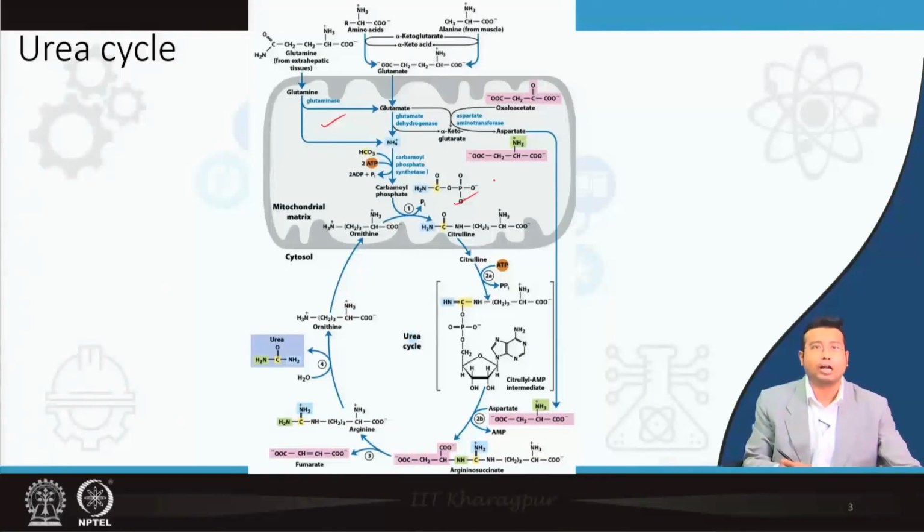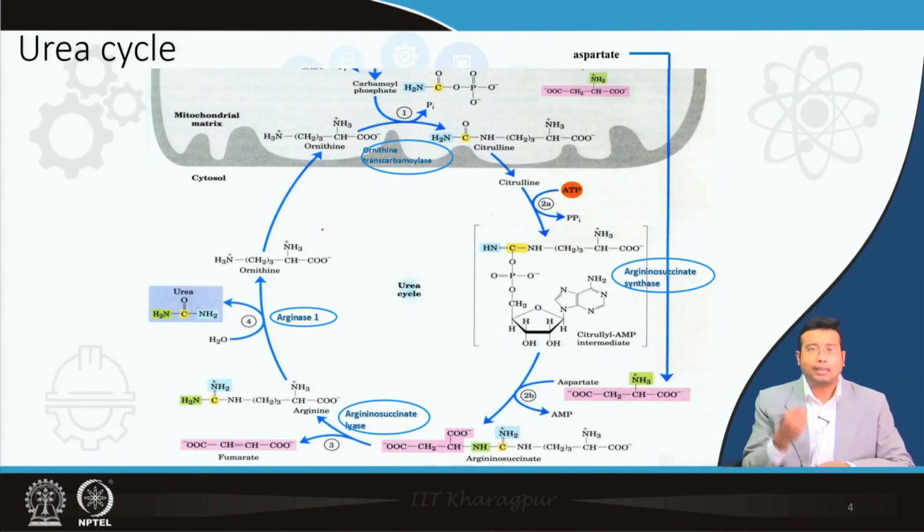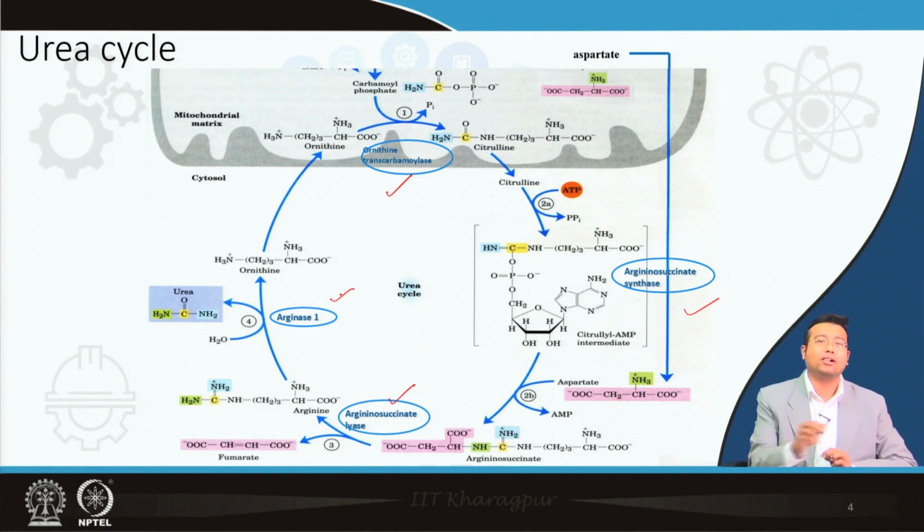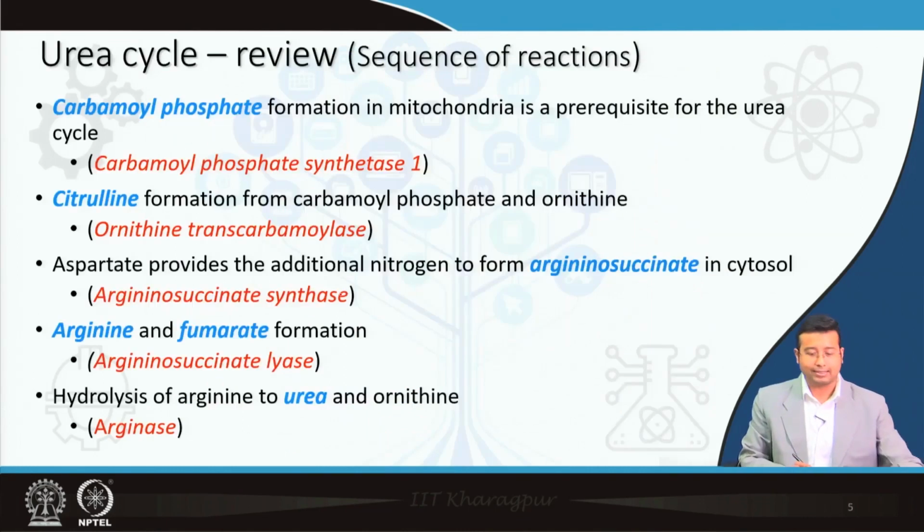The first enzyme was carbamoyl phosphate synthetase 1, a prerequisite for urea cycle for the synthesis of carbamoyl phosphate. Subsequently, the enzymes are ornithine transcarbamylase, then arginosuccinate synthetase, arginosuccinate lyase and arginase 1. We also discussed mnemonics by which you can easily remember all the intermediates and all the enzymes, right.